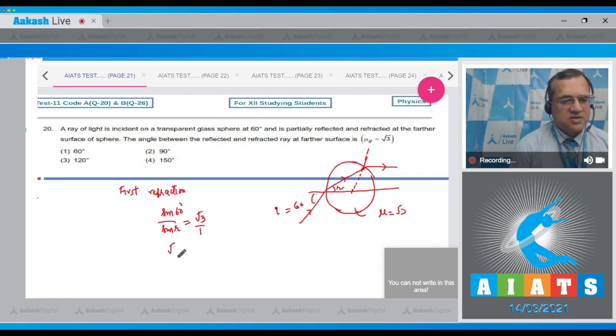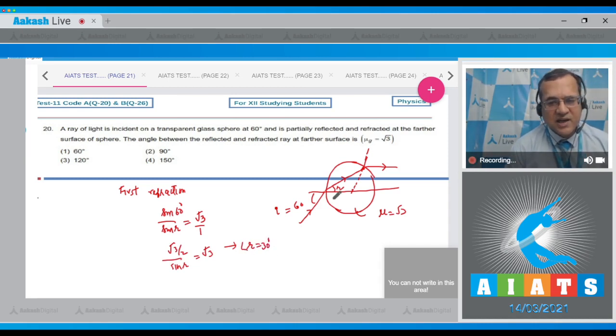So sine 60 means √3 by 2 divided by sine of r is equal to √3. So sine r is half, or r is equal to 30 degrees. So if this angle is 30 degrees, this angle will also be 30 degrees from the sphere.